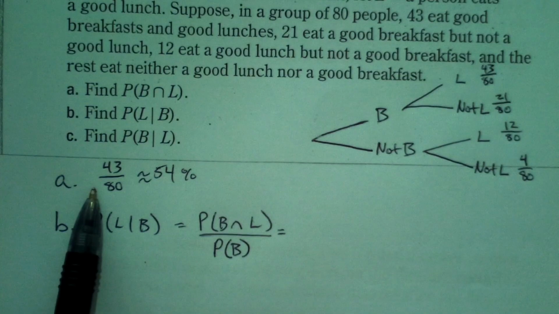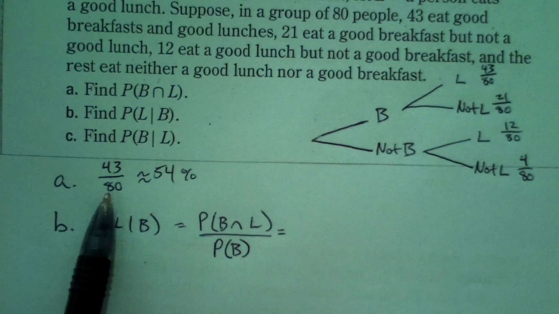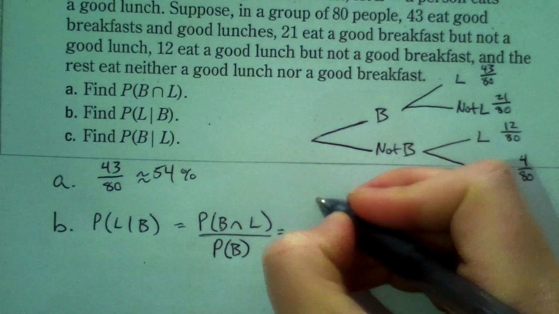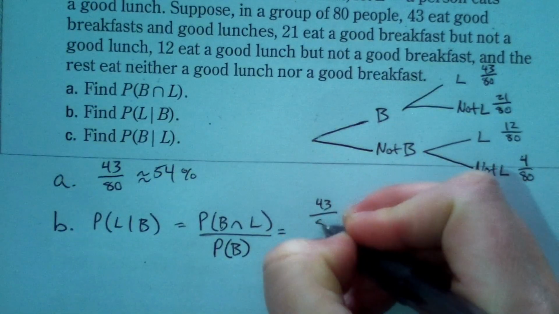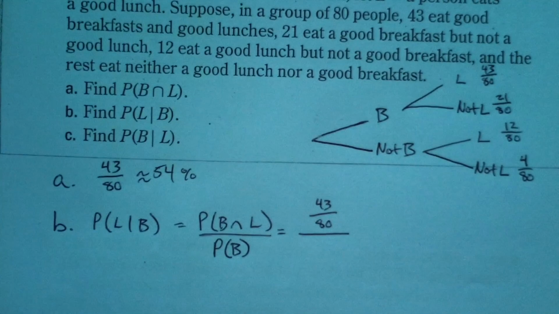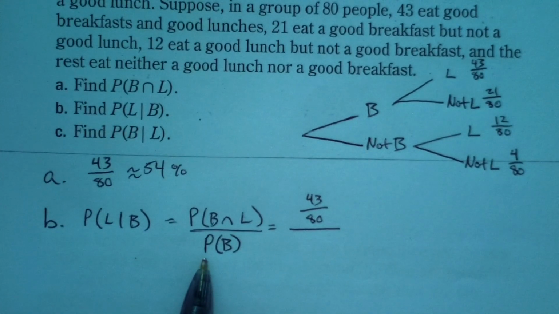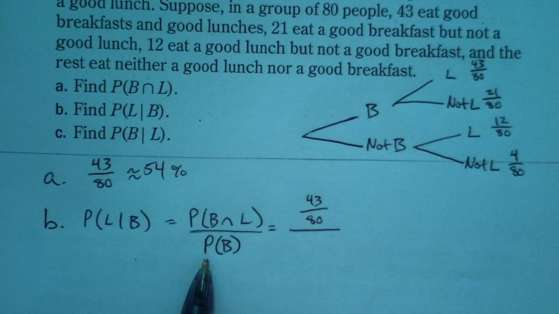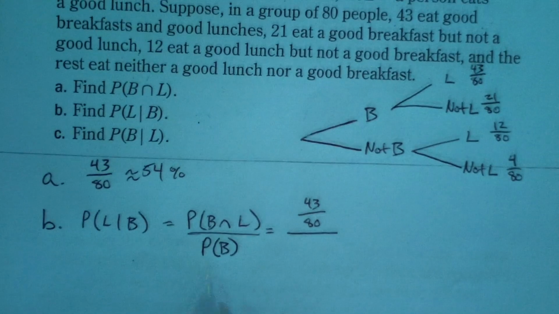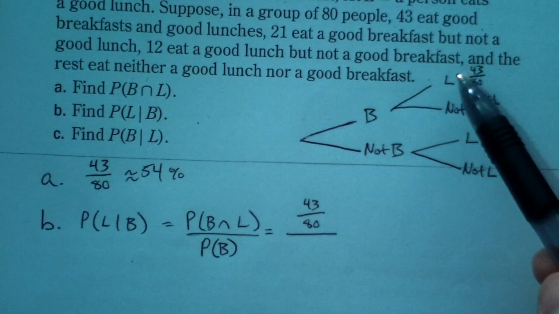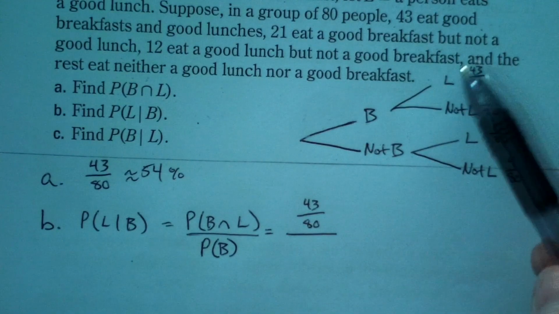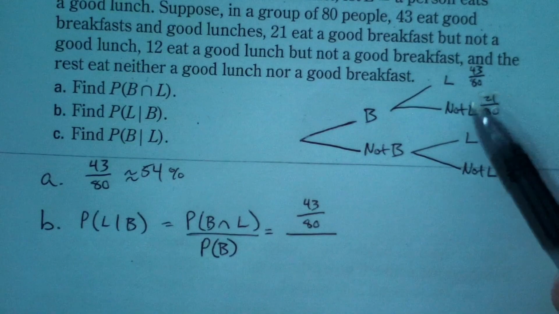Since they're all out of 80, the bottoms can cancel out, and it's the same as 43 out of 43 plus 21, which is 64. So 43 out of 64. Again, you can either leave it like that, or figure out what it's approximately equal to by dividing. 43 divided by 64 is about 67%, somewhere in that range.